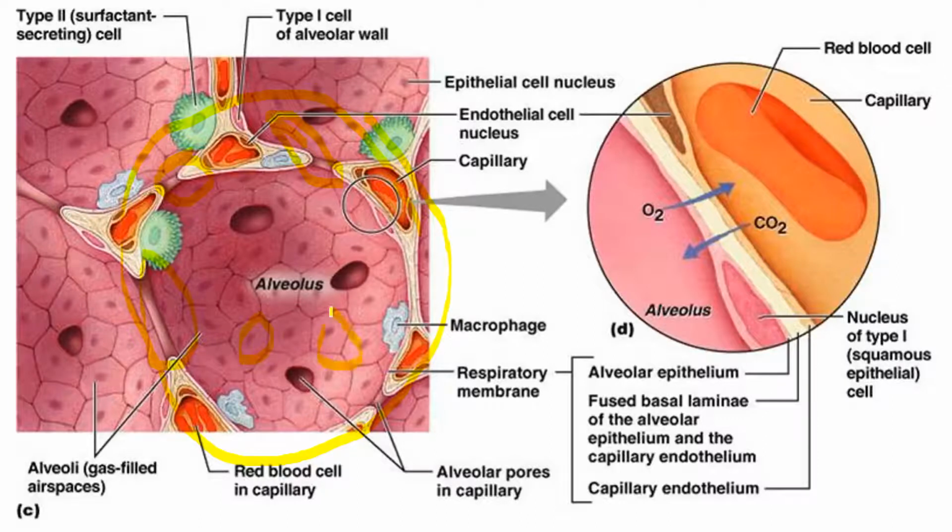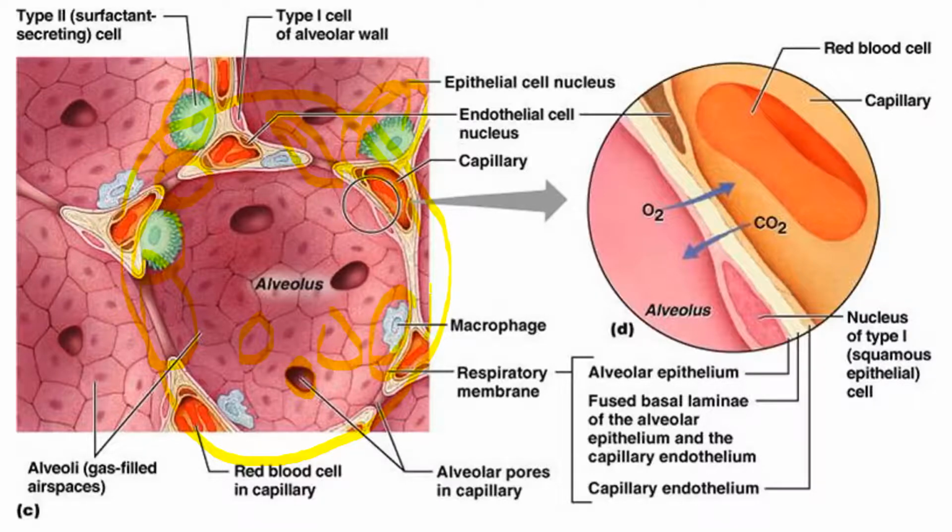Then this is the alveolar duct, which I mentioned earlier. Then this is the type 2 pneumocyte, which secretes the phospholipid surfactant, and then finally the macrophage.